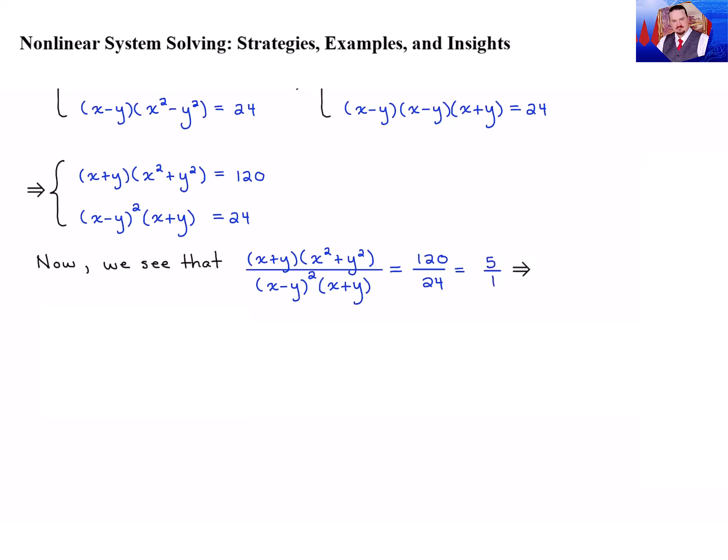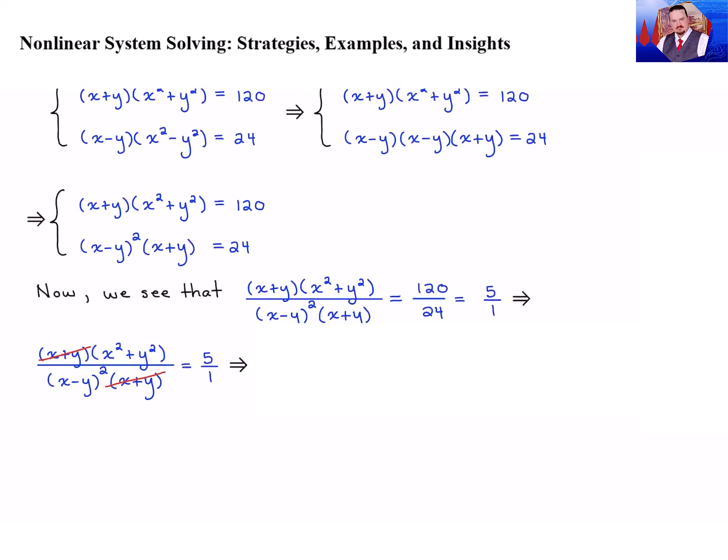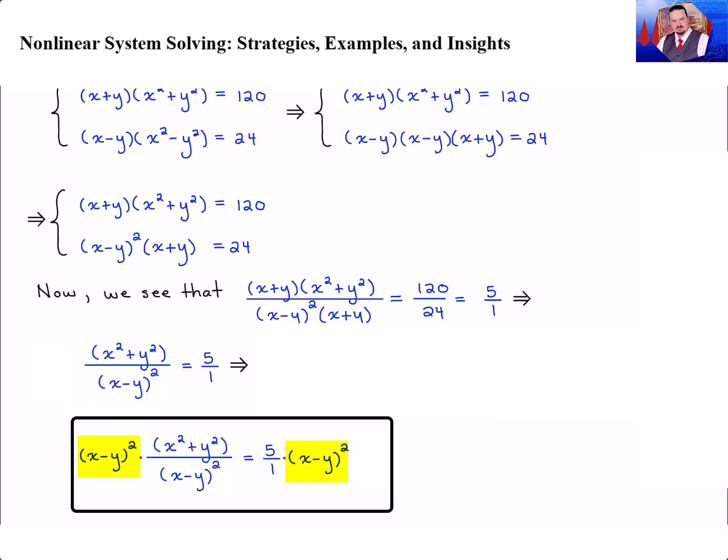Now notice I'm writing 5 as 5 over 1, but the primary reason for forming that quotient, as you'll see, is that we can cancel the x plus y terms. Later, at the end, I'll make a comment as to why x plus y is non-zero, and why those terms will divide out as I'm showing you here, so that we can multiply both sides by the least common denominator.